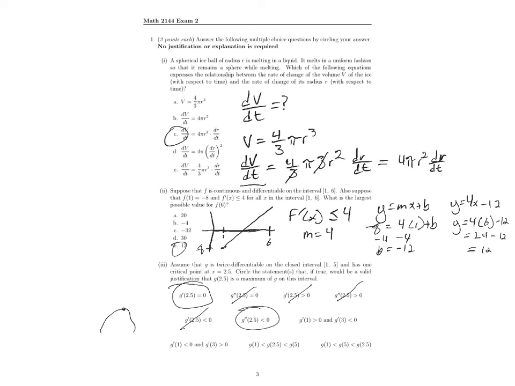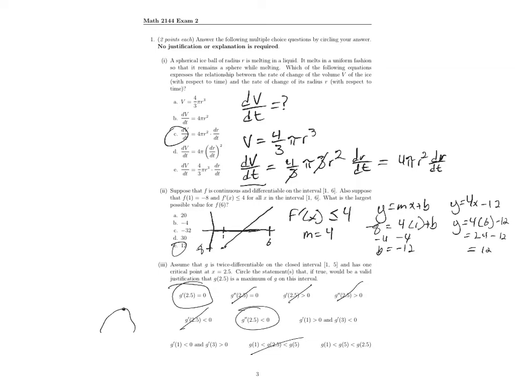To cancel out the rest of these possibilities, I'm first going to talk about the last two, where we say g of 1 is less than g of 2.5, which is less than g of 5. Immediately we can tell that this is not true, because if g of 2.5 is less than g of 5, then g of 2.5 is not a maximum, because there's a y value that's bigger.